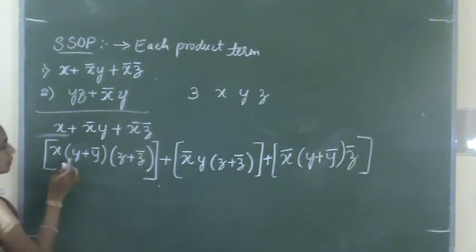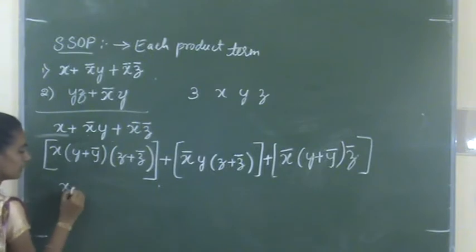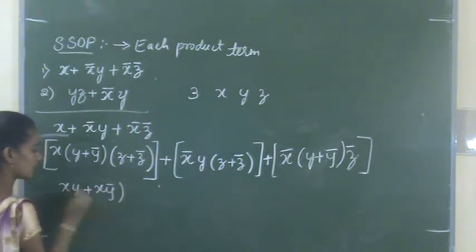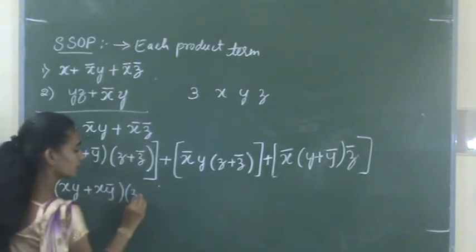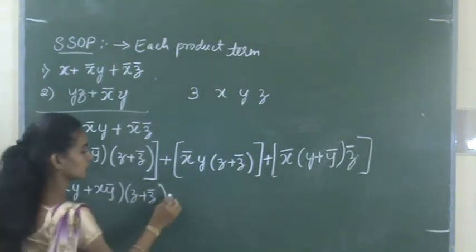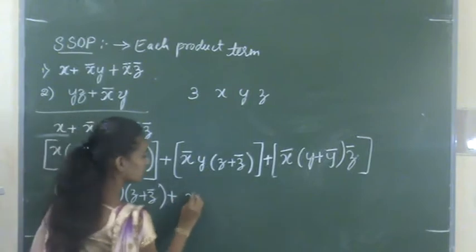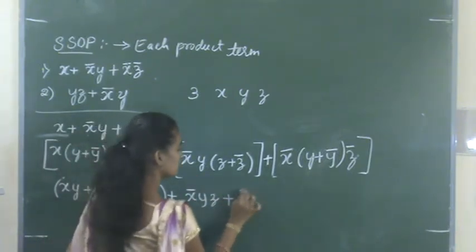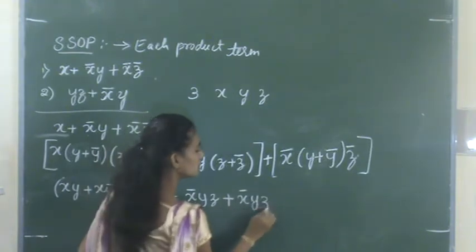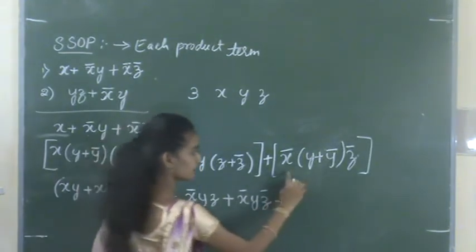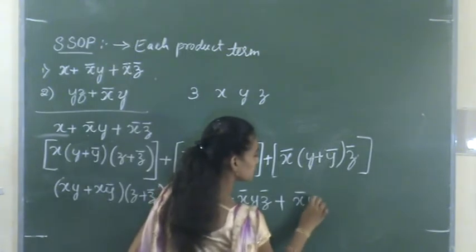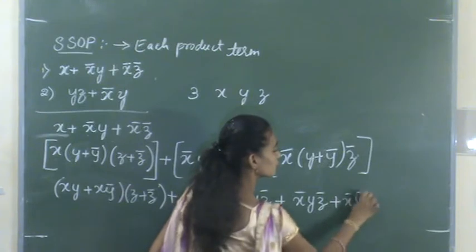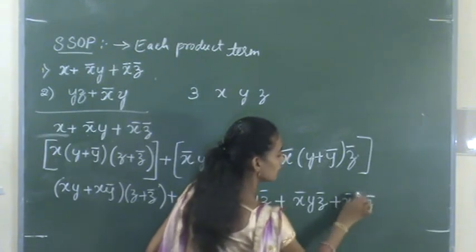First multiply this: x y plus x y bar into z plus z bar, plus x bar y z plus x bar y z bar, plus x bar y z bar plus x bar y bar z bar.